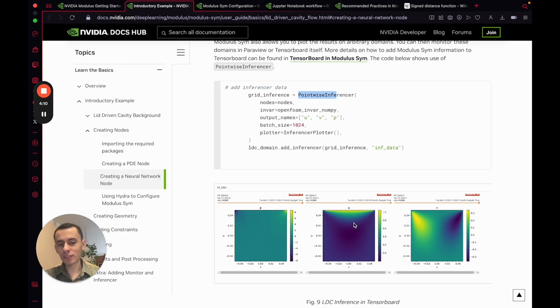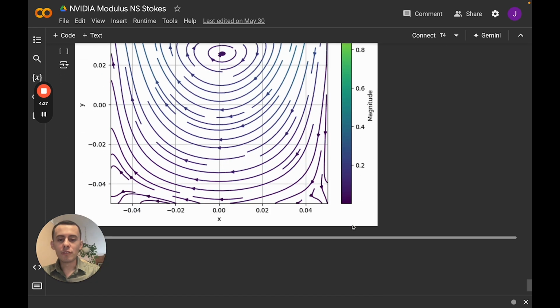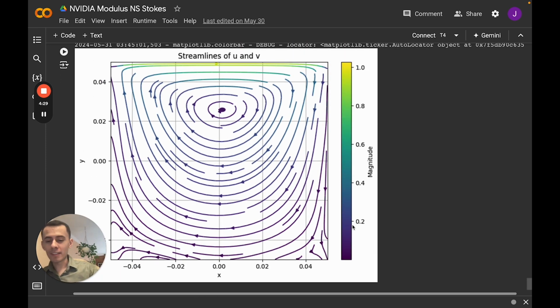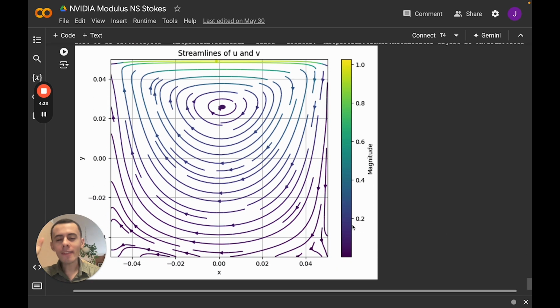You can't get a vector field from the TensorBoard add-on that they have, but if you know how to manipulate the inputs and outputs, you can do anything. You can deploy this on a cloud function, who knows what you can do. I'm like this because I have a software engineering background, so I want to be able to manipulate the objects.